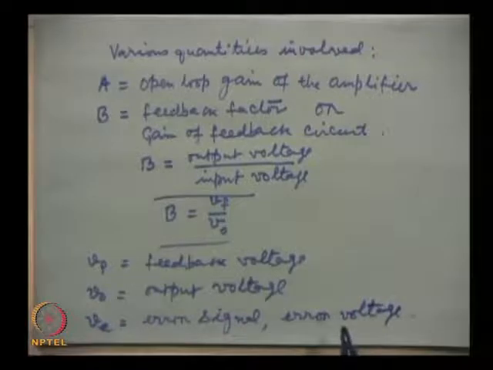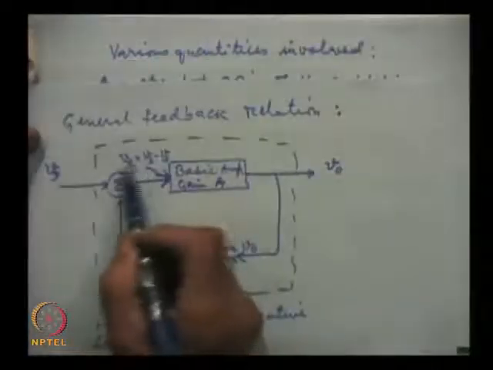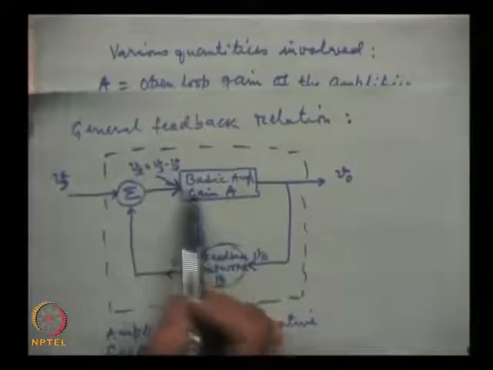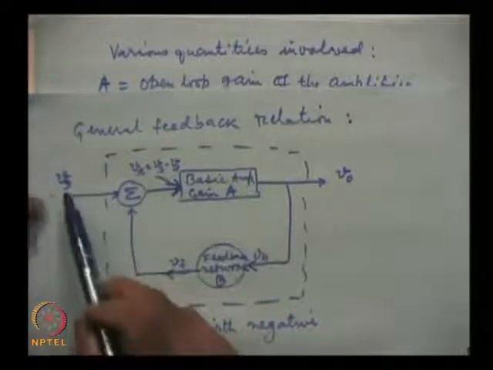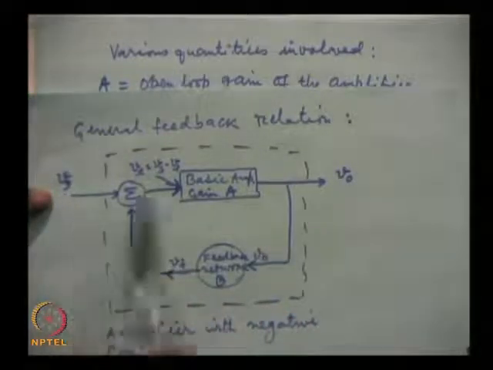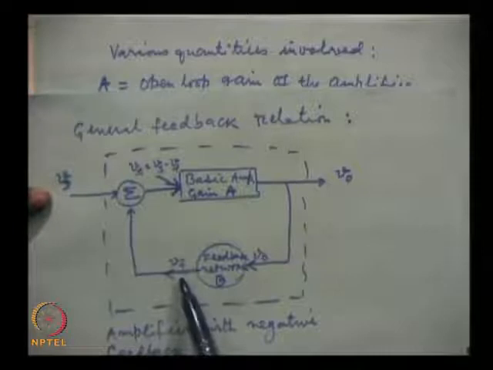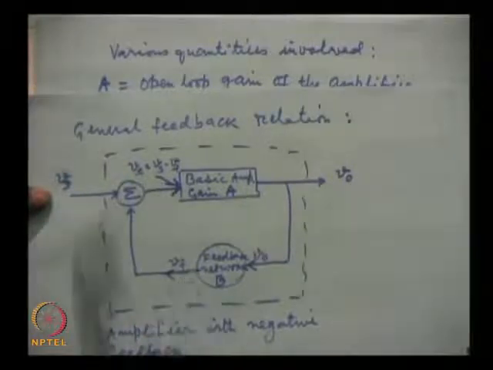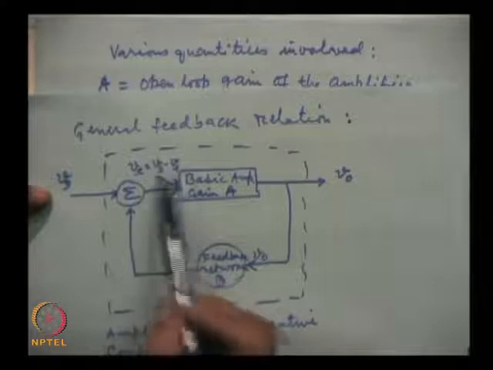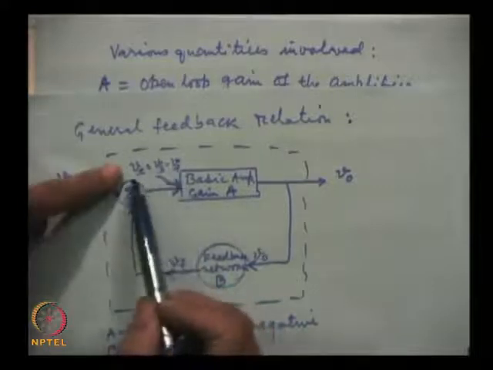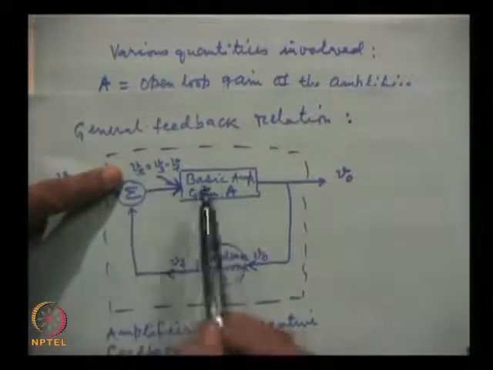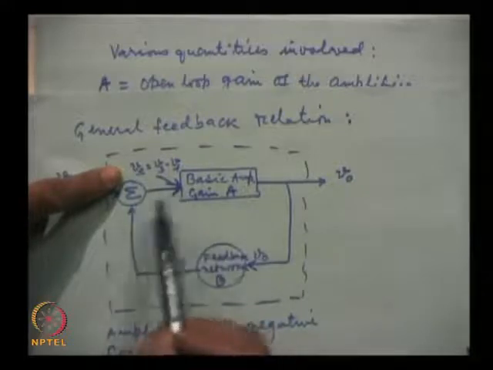Why error? Actually, this is the corrective voltage. The input going to this amplifier is not constant as Vs, but it will vary with Vf. And it is called error because the effort is that this error should be minimum, a factor that will become clear to you later.